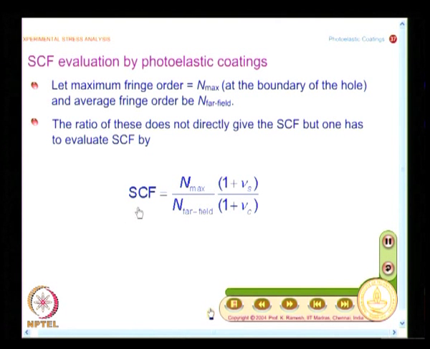So, stress concentration factor, if I use photoelastic coatings, you have to have n max divided by n far field, which is multiplied by 1 plus nu s divided by 1 plus nu c. So, the Poisson's ratio of the specimen as well as Poisson's ratio of the coating influences your final result.